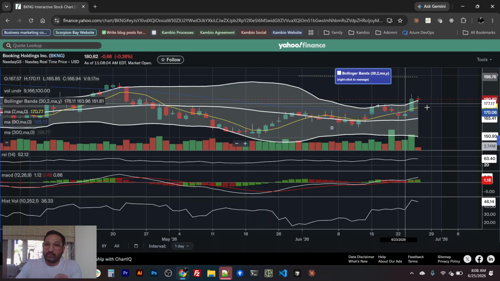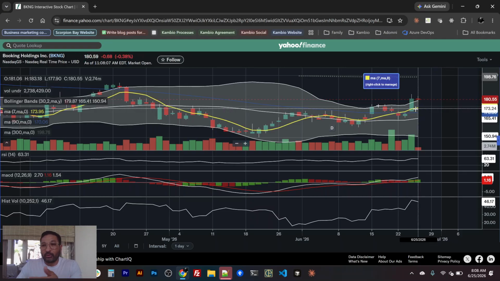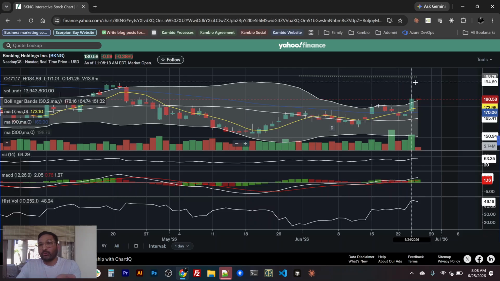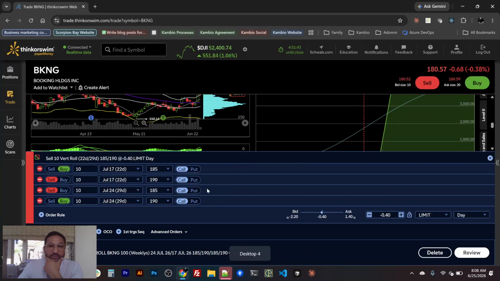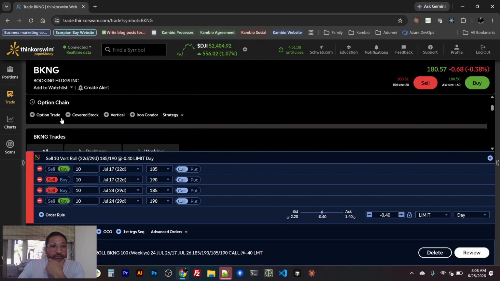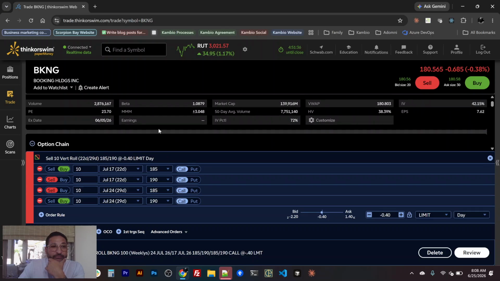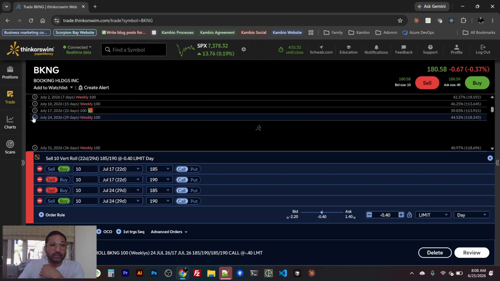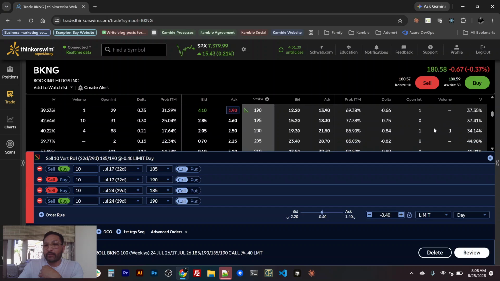So I'm thinking that it doesn't make sense to roll up and out. It could make sense to roll up and out, but even if we rolled up, we'd have to go to 195, I think. Let me see if there's any liquidity there. So 195, and that would be 29. Oh, there's nothing.